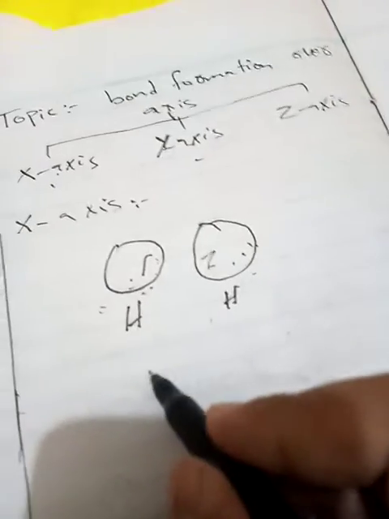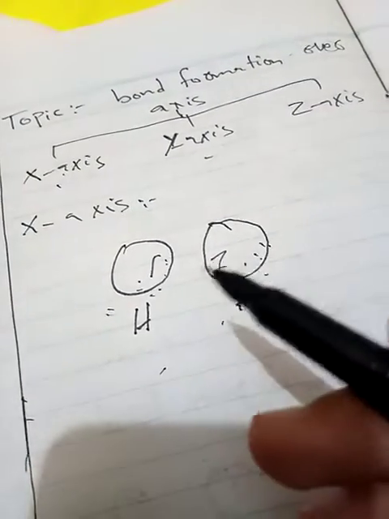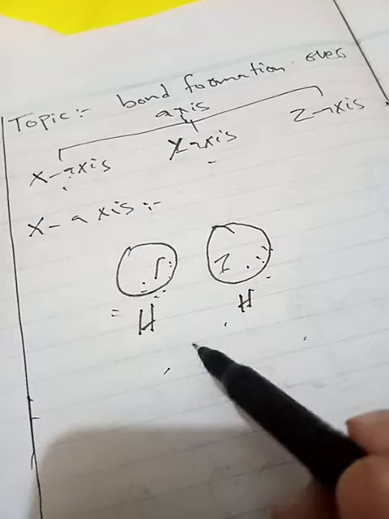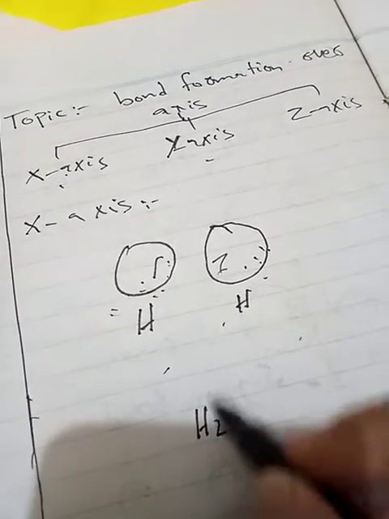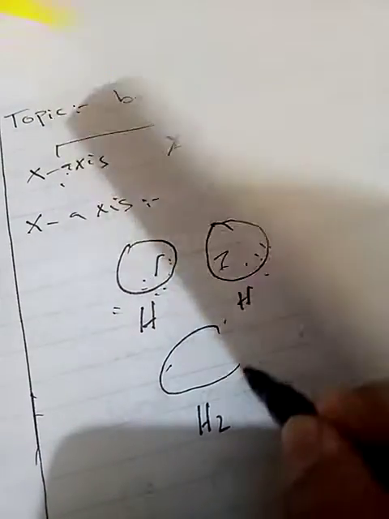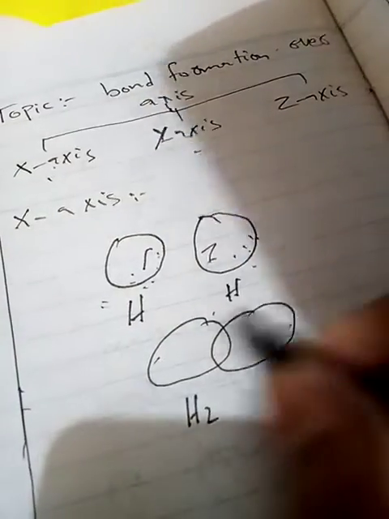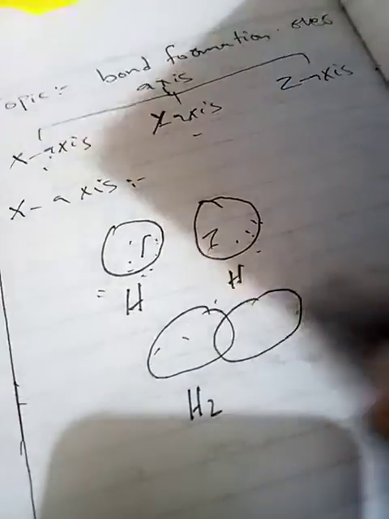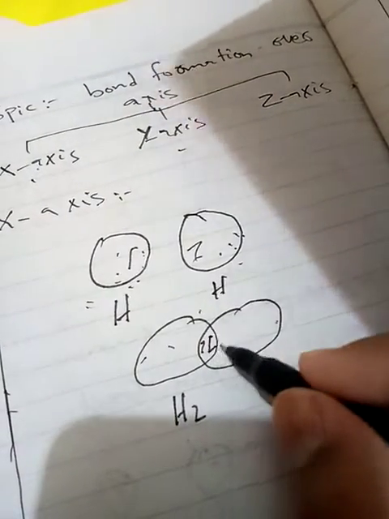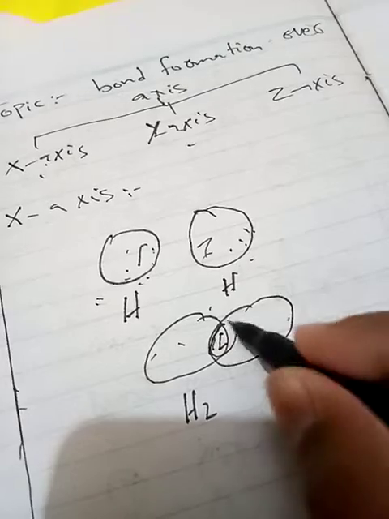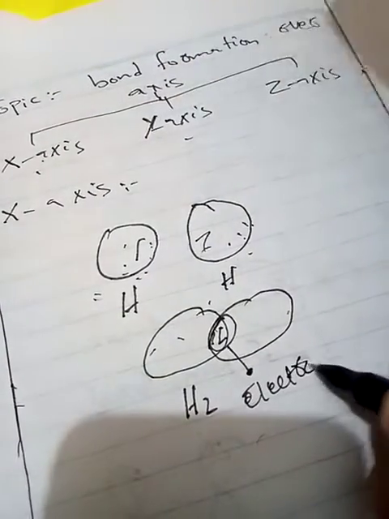Now if they want to share their electrons to get stabilized, they will be sharing, or making a bond. It will be like this: H2, there is a bond. Between these two, this one is the first s orbital and this one is the second s orbital, and they will be sharing the electrons here.